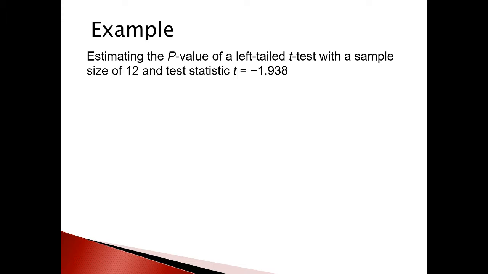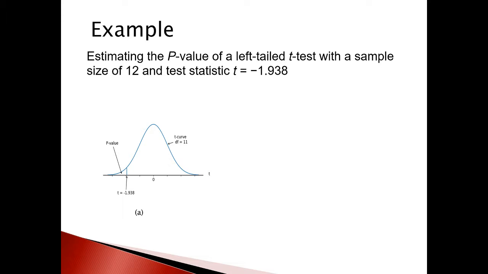This is a left-tailed t-test. Here we consider sample size 12 and test statistic t equals negative 1.938. Here we are going to see figure A. In here we see df equals 11.